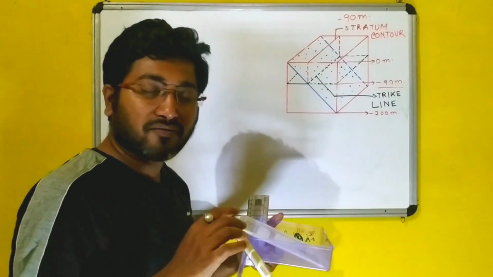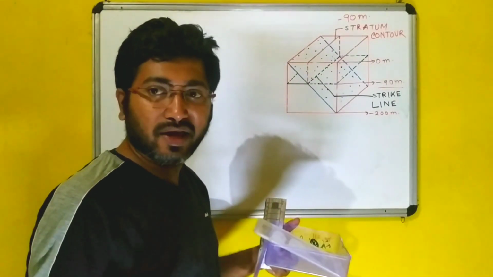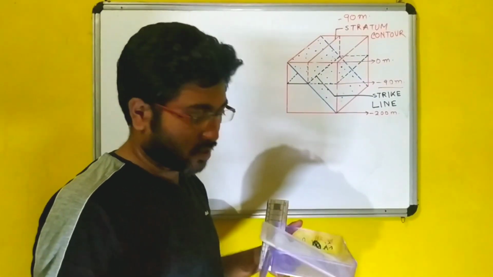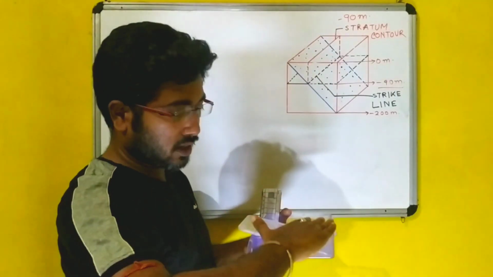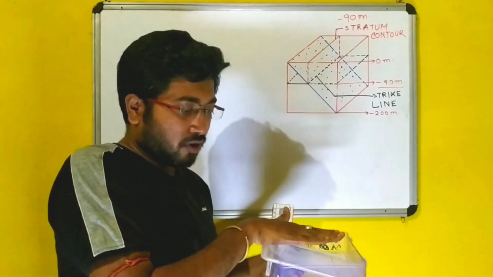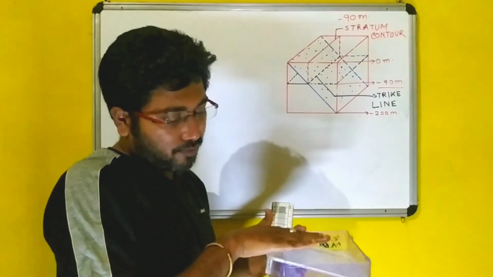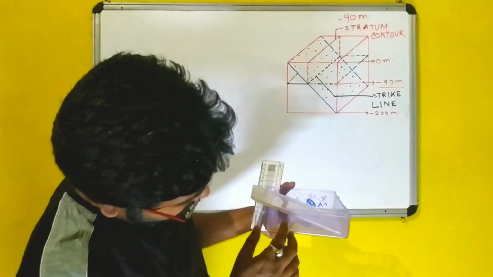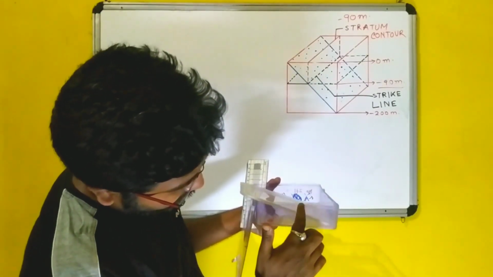Inclination can be measured from anywhere. Dip means inclination of any plane from horizontal. So this is the horizontal level. You can see this is the horizontal level. So from there it is having the angle of inclination, and if you see here, this is the horizontal level, this is the angle of inclination.